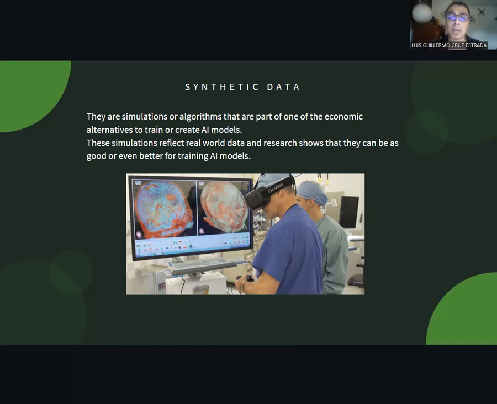So synthetic data are simulated or algorithmically produced data. They are a valid alternative to train or create AI models. This data reflects real world data, and research shows that it can be good or even better for training an AI model.